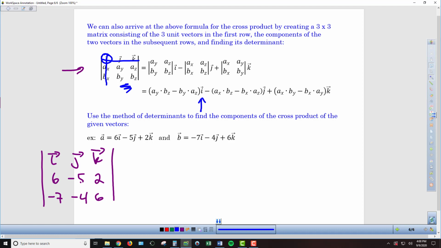I'm going to find the determinant of that 2x2 matrix, and the way you do that is you multiply the diagonals and subtract them. So I'm going to multiply AY times BZ, that's this first diagonal, and I'm going to subtract the other diagonal product, BY times AZ.